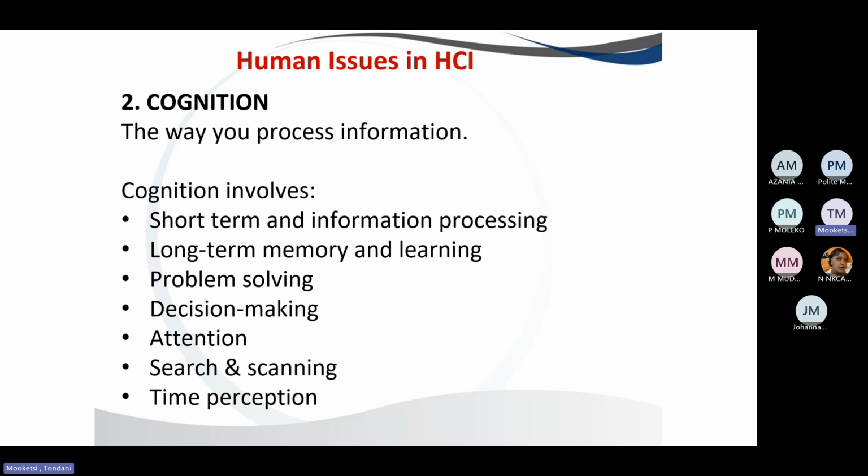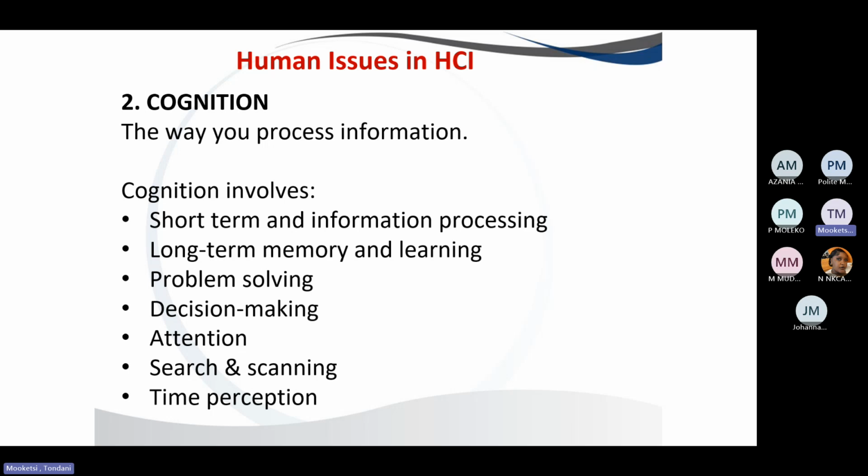Then cognition also talks about search and scanning. When users want something specific from an interface, they don't necessarily go through the whole thing. They just search for the one thing that they want to do.